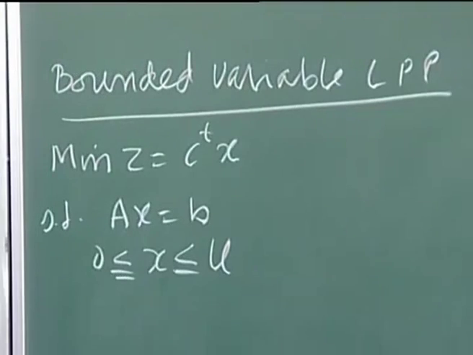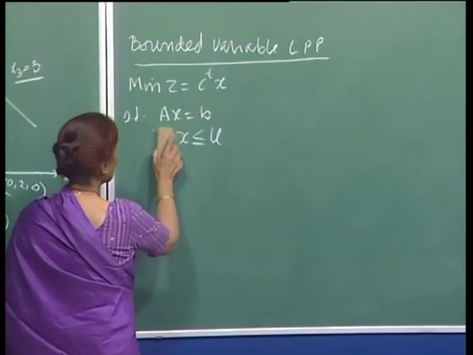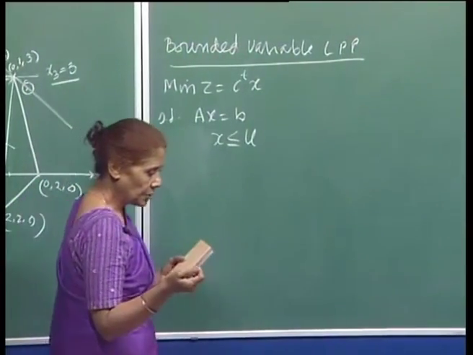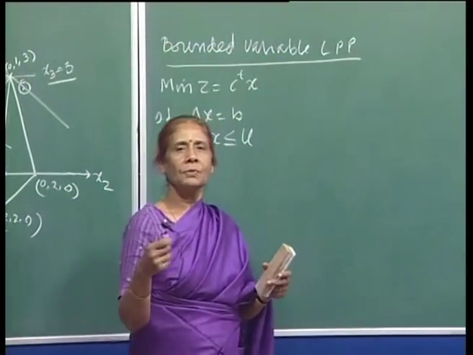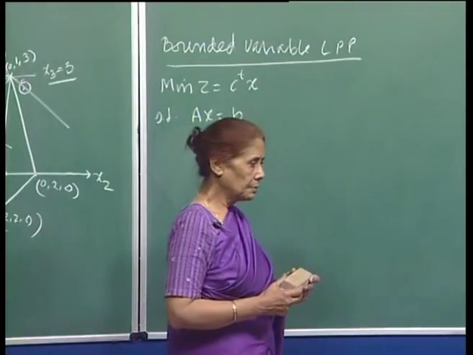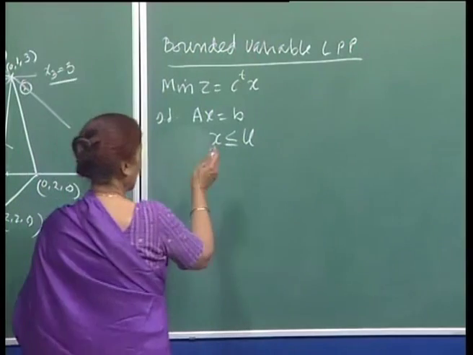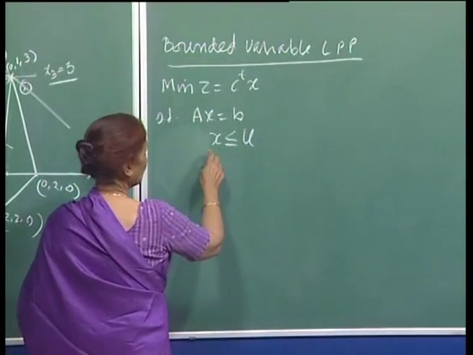Now, you might say, what is the big deal? We have not been considering these constraints explicitly, because when we go from one basic feasible solution to another, we make sure that we do not violate the non-negativity constraints. So, that can be taken care of, and this can be part of that.